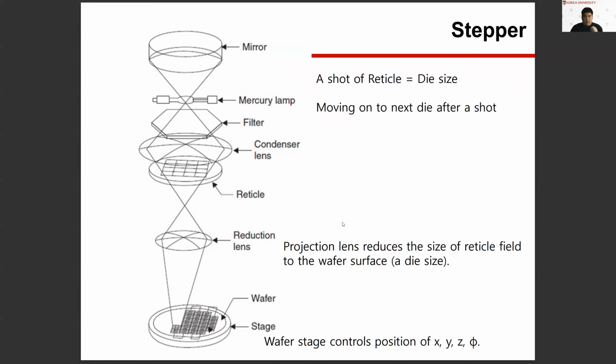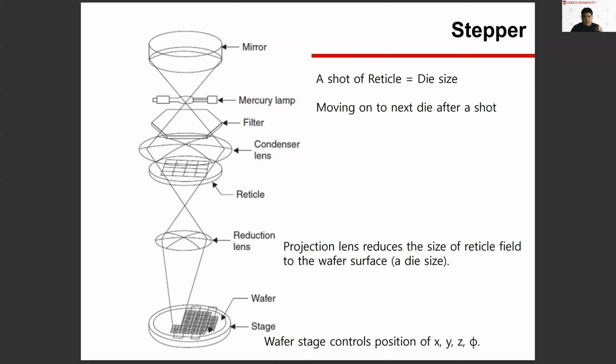Moreover, because of the optics of the lens system, the images from the outside of the lens can be more distorted than those in the center of the lens.